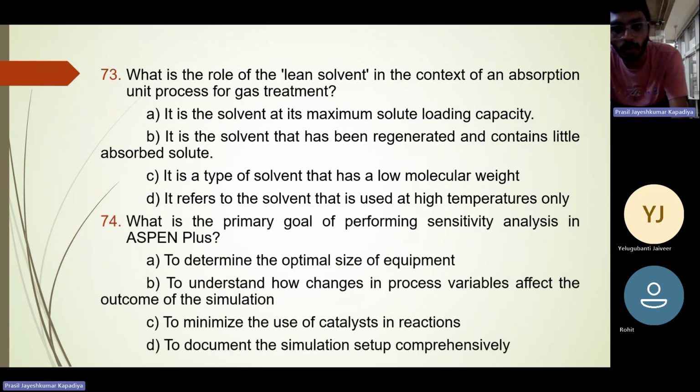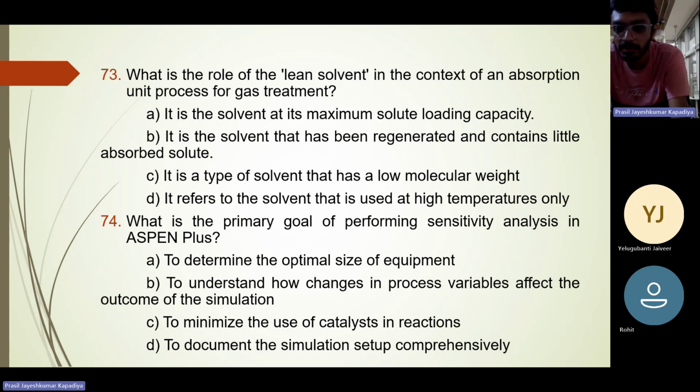Okay, what is the primary goal of performing sensitivity analysis? Option A is to determine the optimal size of equipment to use. Option B is to understand how changes in process variables affect the outcome of the simulation.